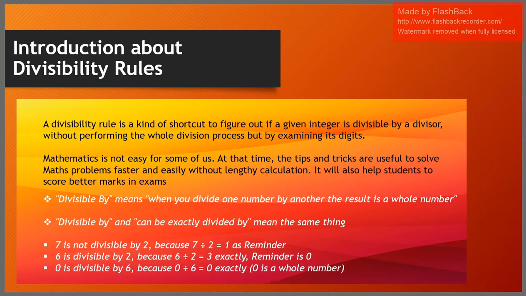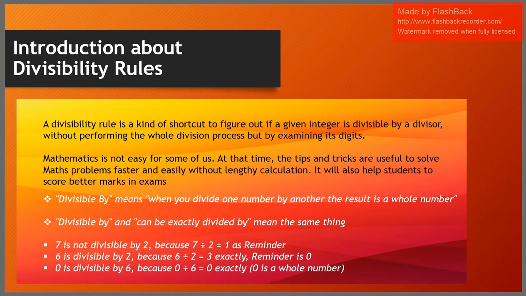Divisible by means when you divide one number by another, the result is a whole number. Divisible by and exactly divisible by mean the same thing. 7 is not divisible by 2 because 7 divided by 2 is equal to 3 with 1 as remainder. 6 is divisible by 2 because 6 divided by 2 is equal to 3 exactly.